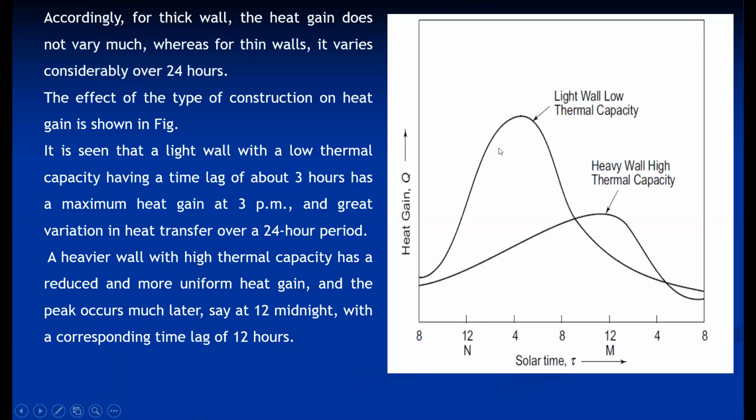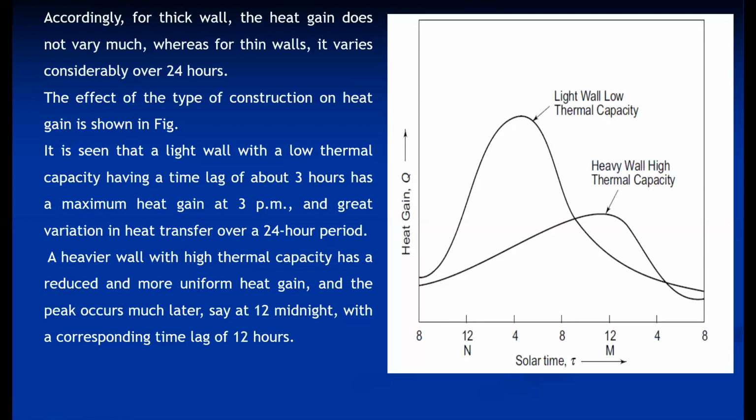The peak load on the air conditioner due to this transmission arises around 4 p.m. And for heavy structure it arises at almost midnight, but at a lower heat rate. So the heat rate is drastically reduced as well, but also the time lag. So from this we can say there is a time lag as well as reduction in heat transfer for heavy structure, corresponding to almost a lag of 12 hours, suppose.